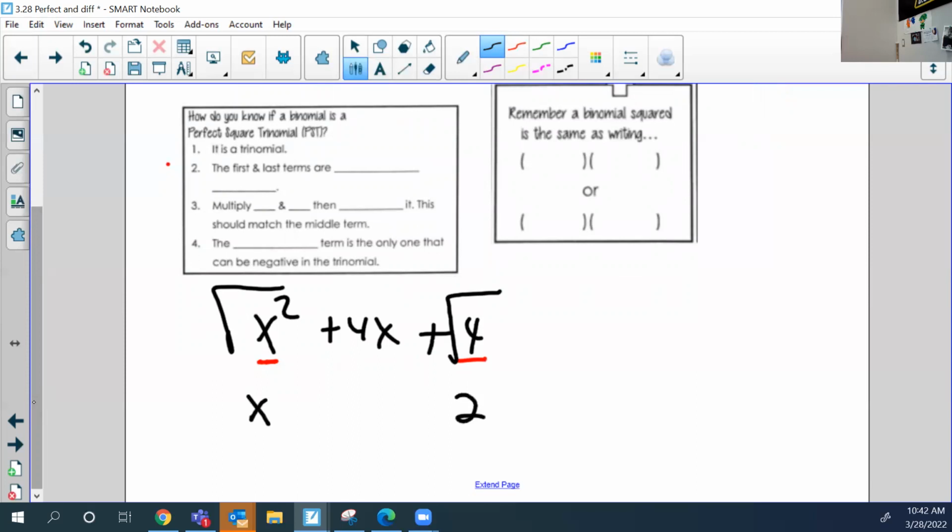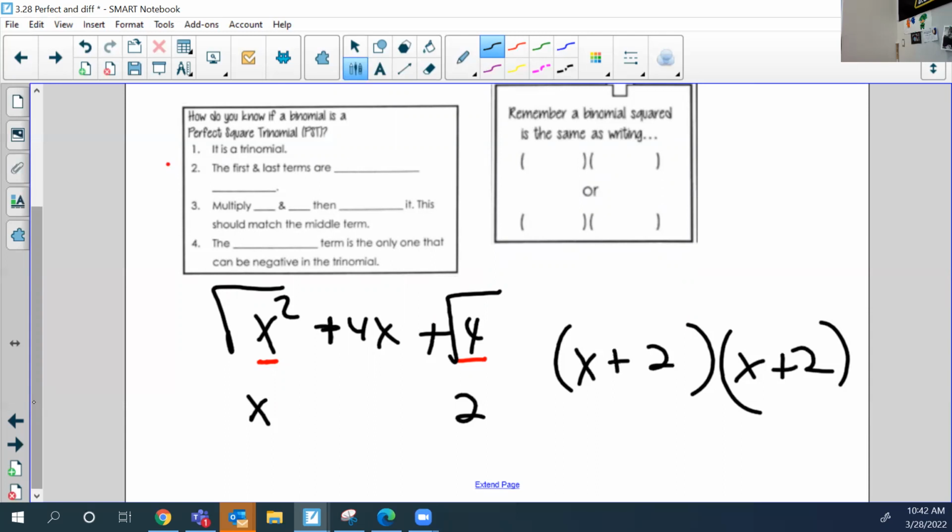Now I'm going to write my parentheses. They both get x and 2. But in this case, because it's a trinomial, this is not the binomial we did before, and because this is a positive sign right here, they both get a positive sign.